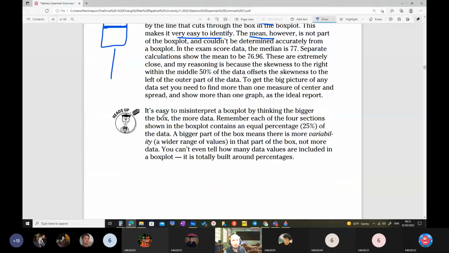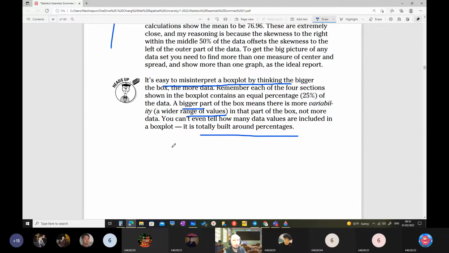It's easy to misinterpret a box plot by thinking the bigger the box, the more data. Okay, so be very careful with that. A bigger part of the box means more variability, a wider range of values. It's all built around percentages, so be very careful when they show it to you.